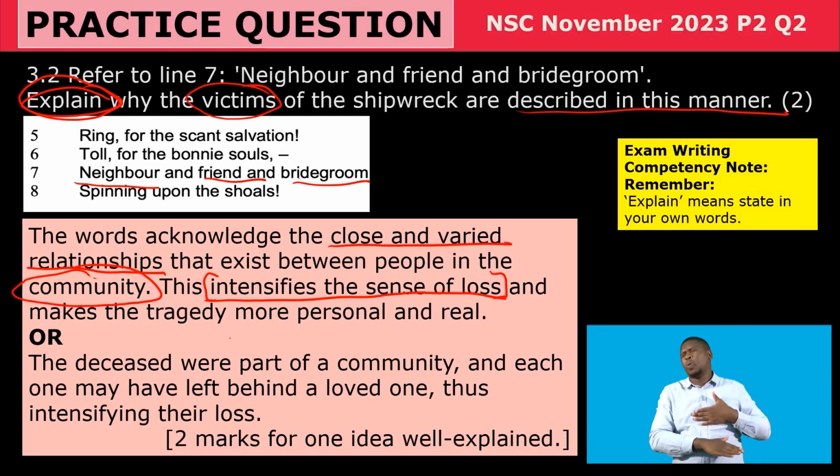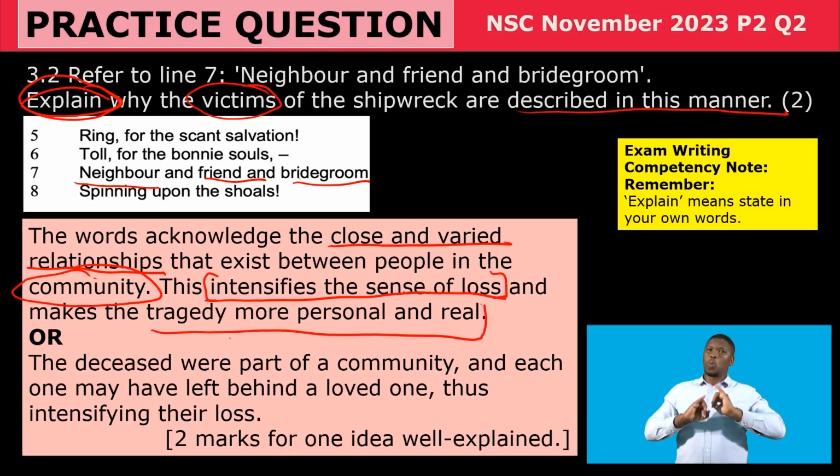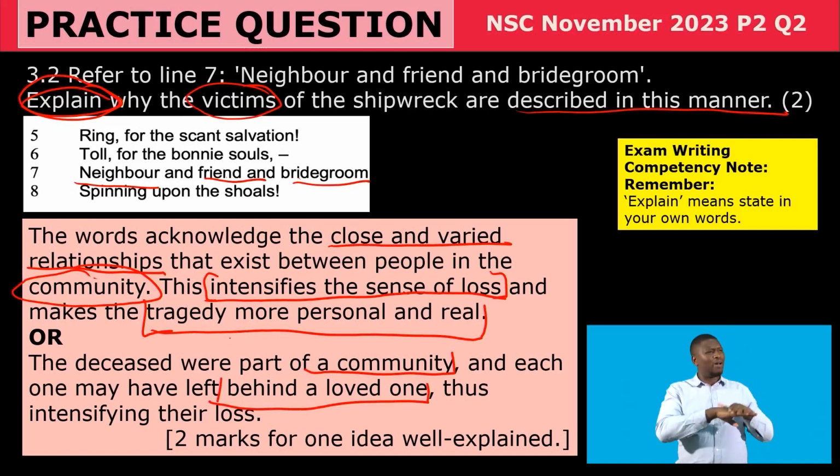And this makes the tragedy more personal and real. Or the deceased were part of a community and each one may have left behind a loved one, thus intensifying the sense of loss. So the commonality in both these responses is that it intensifies the tragedy and the sense of loss.